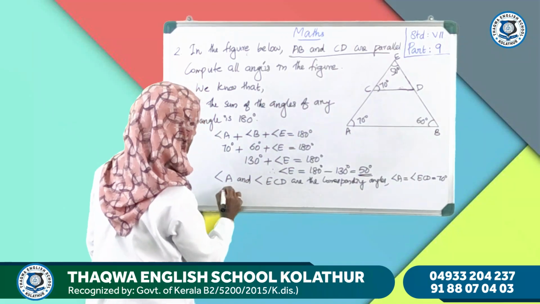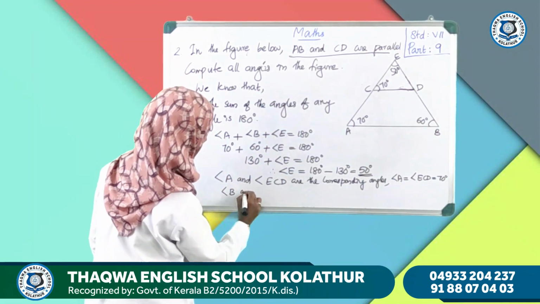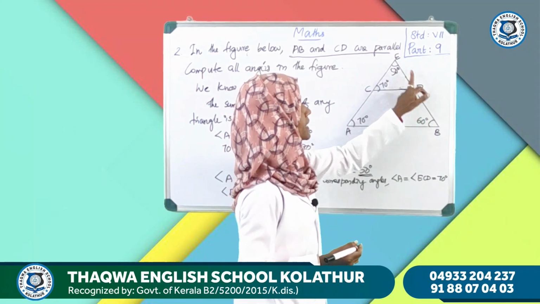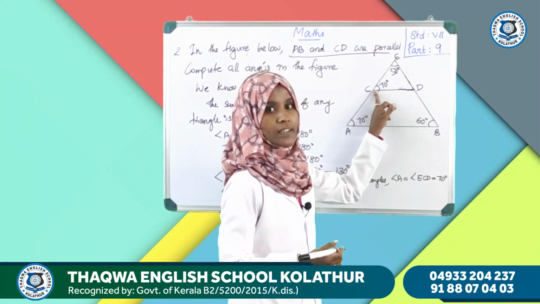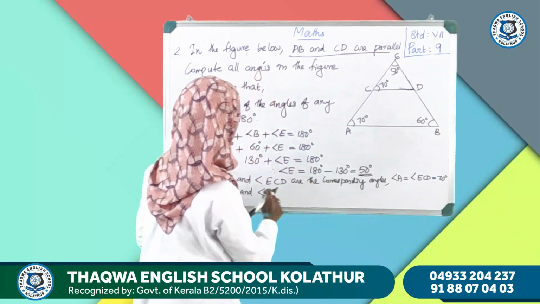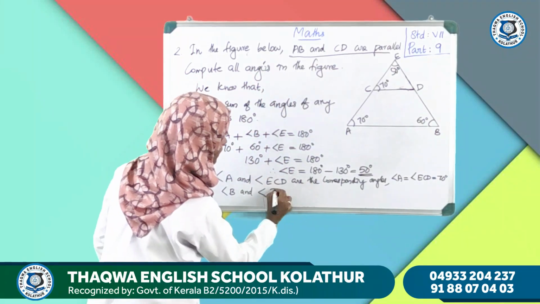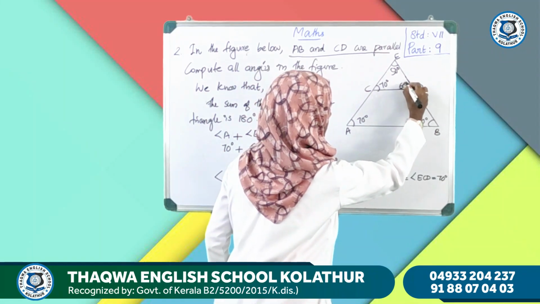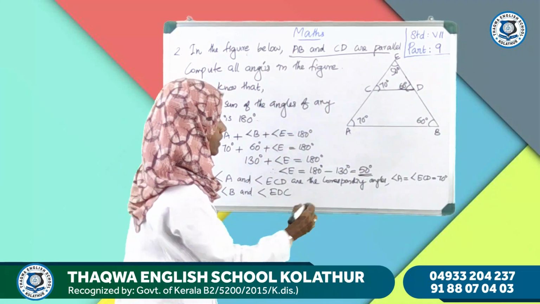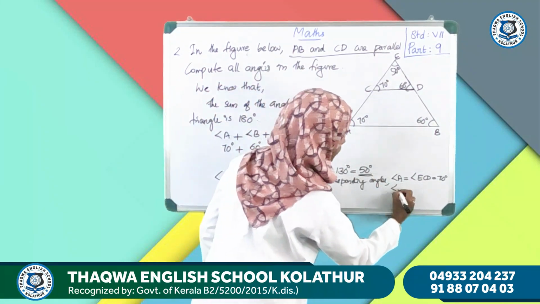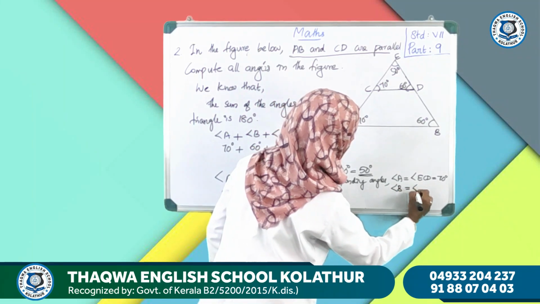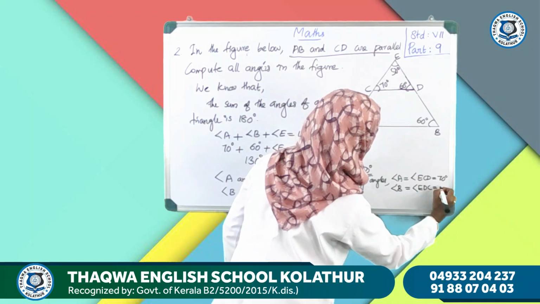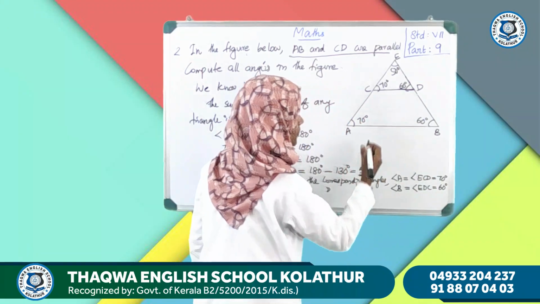And also angle B and angle EDC are the corresponding angles, so they are equal. Angle B equals angle EDC equals 60 degrees.